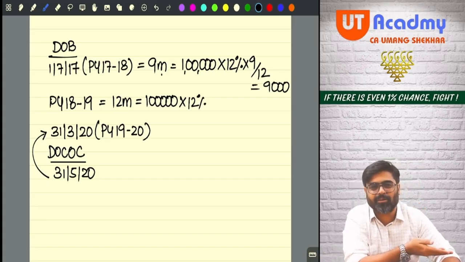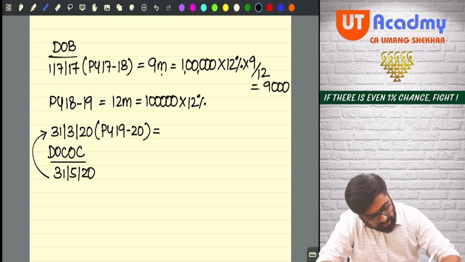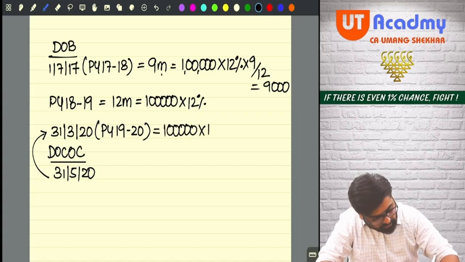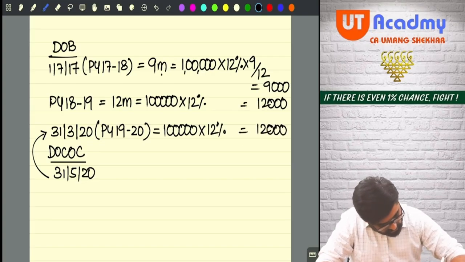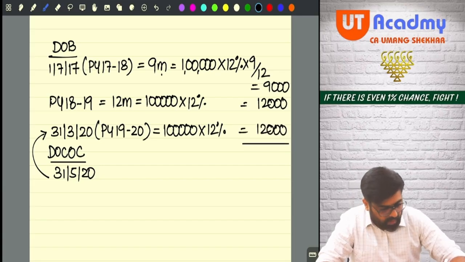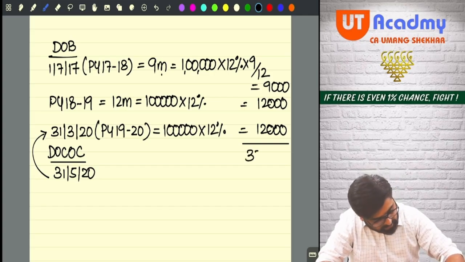And that will be paid for 19-20 also. So 1 lakh into 12%, here the interest will be 12,000. Here also the interest will be 12,000. So total interest will be 12 plus 12, 24, plus 9 will give me 33,000 interest.